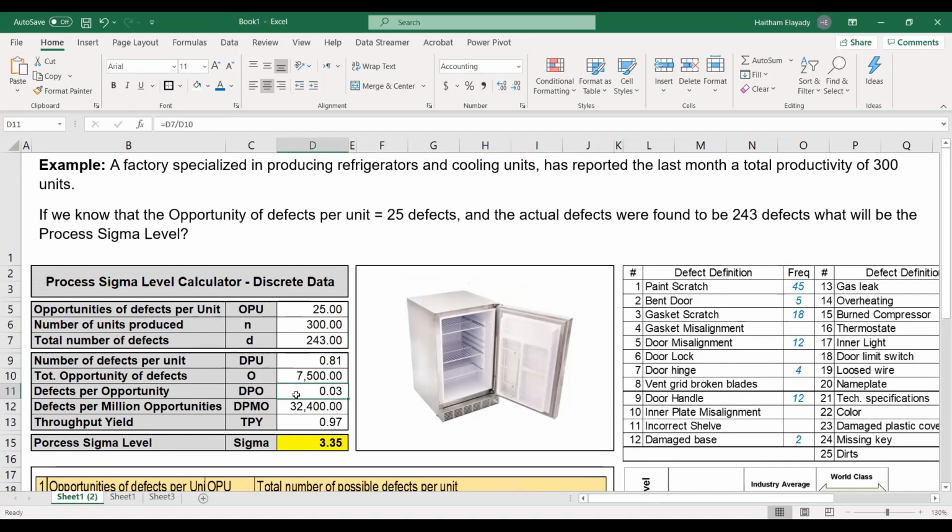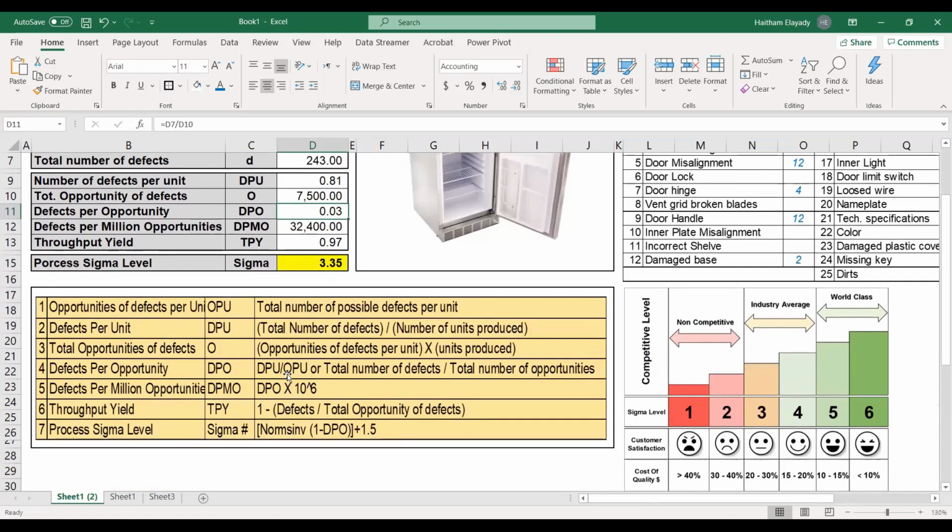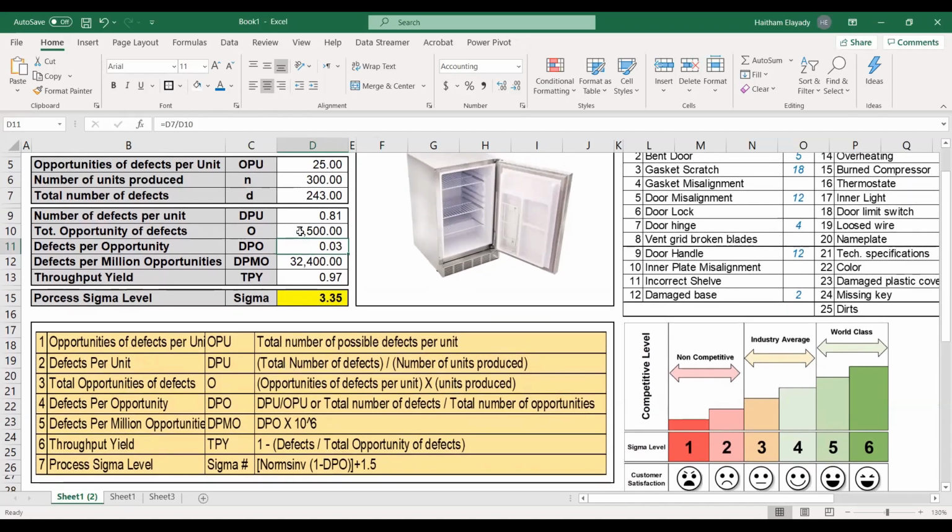Then we have the defects per opportunity, and this is calculated in two ways.